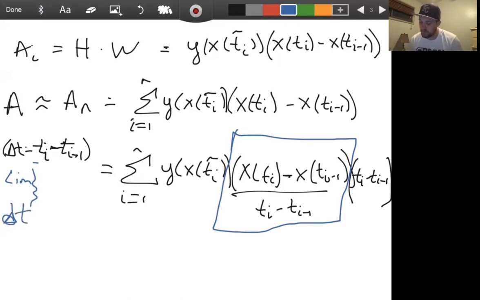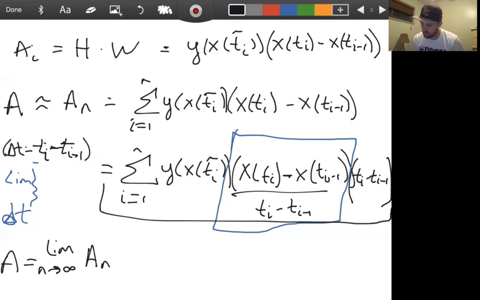And so because of this, we can say that A, the area, is equal to, no longer approximated, the limit as n goes to infinity of A sub n, which is this whole thing right here.